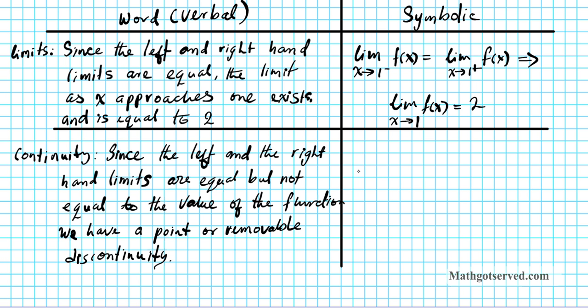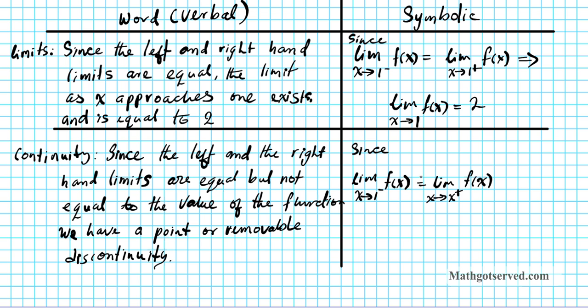Since the left-hand limit as x approaches 1 from the left of the function is equal to the right-hand limit, that automatically means that we do not have any jump or infinite discontinuity. It's either going to be continuous or a point discontinuity.